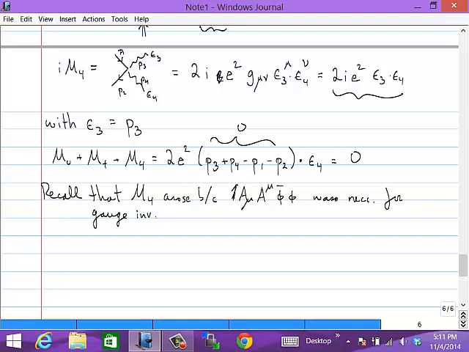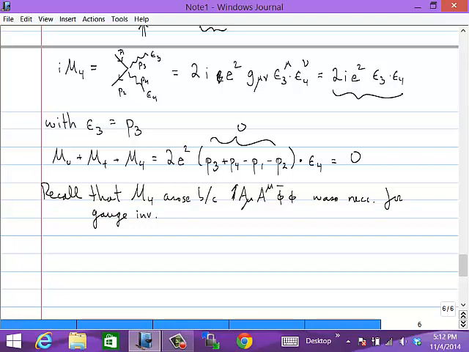Naively, when we coupled the gauge field to the current of a charged scalar field, the U(1) current, the charge rotation current, you only had an A mu J mu term, which gave you that 3-point vertex between an electron, a positron, and a photon. But we saw that that wasn't gauge invariant. We made a big fuss about it, and we learned that the only way to fix that up was by adding this additional 4-point term. And you can see that it's precisely that 4-point term that's coming in to save the day and give us the Ward identity.